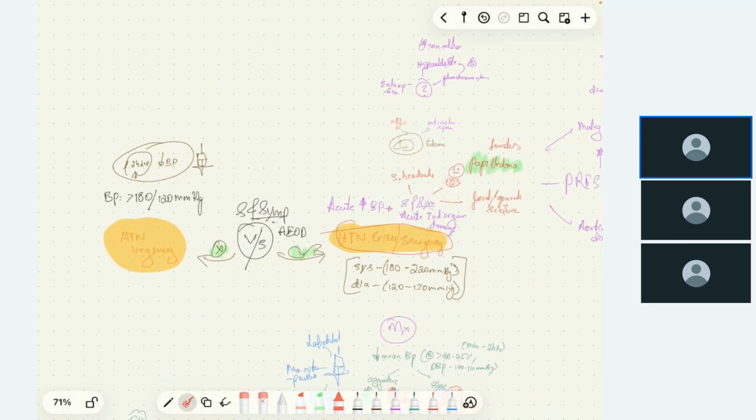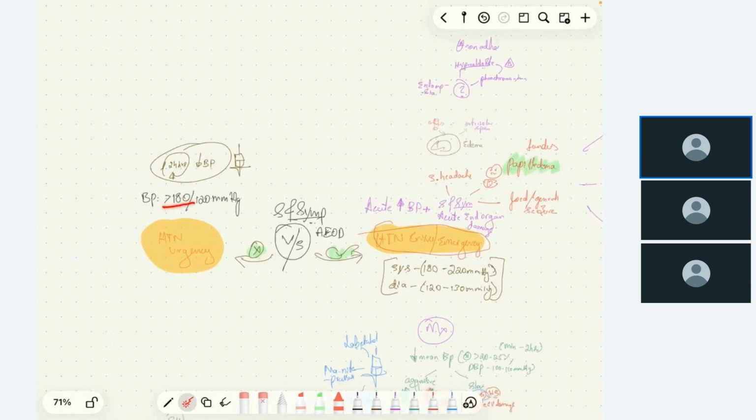If the patient has only BP more than 180/120 mmHg without any manifestations of acute end organ damage, the patient will be classified as hypertensive urgency.